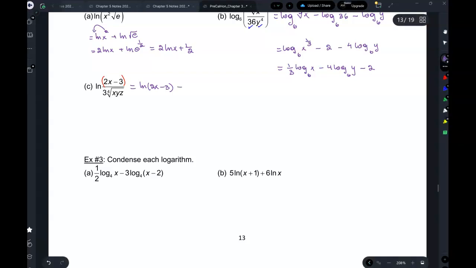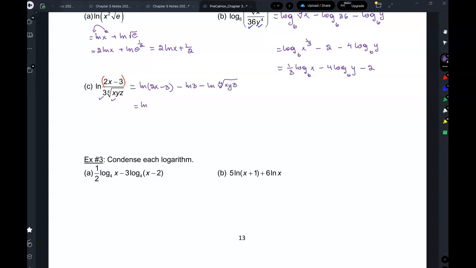Minus the stuff in the bottom, right? So what do we have here? We have a 3, and then we have all that. So ln of 3 minus ln of this. Okay?